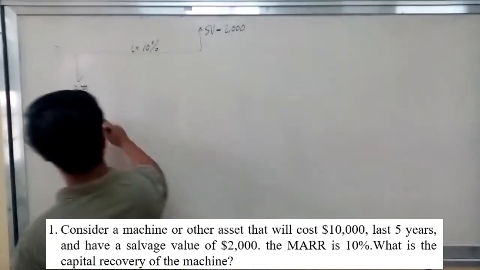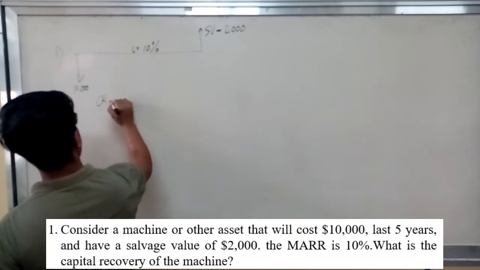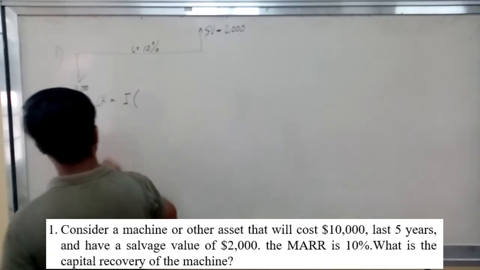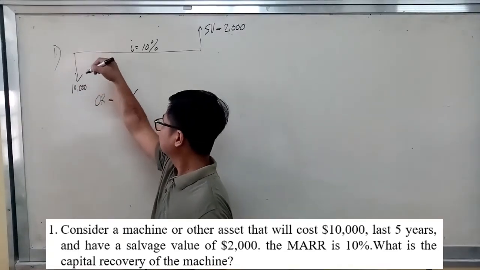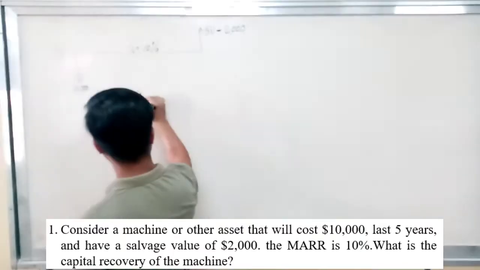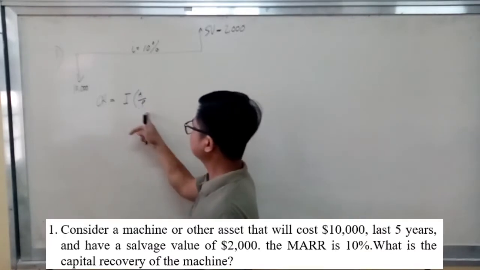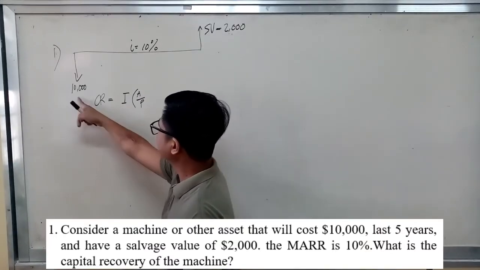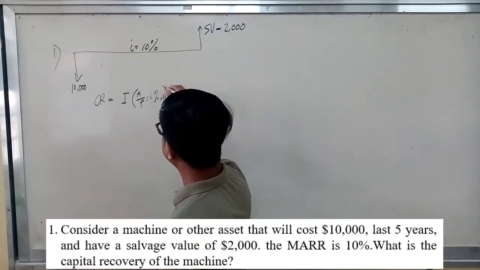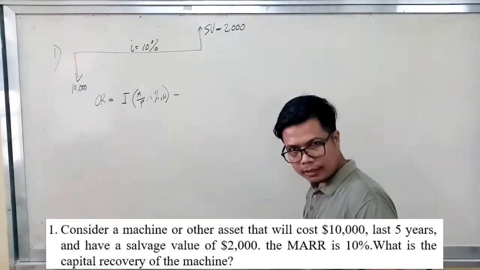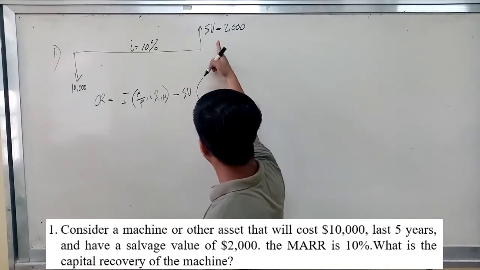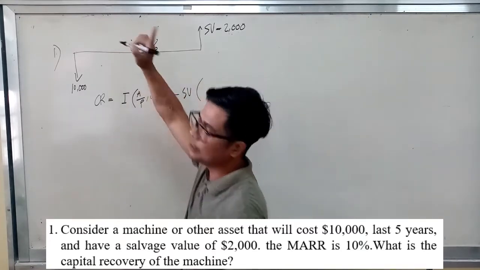So, ano yung formula natin? Capital recovery is equal to the investment. I-convert natin ito into annual, kukunin natin yung kanyang annual worth. So, finding A given P. So, P, yung present worth is your I, yung investment cost, with interest I, and less the salvage value. So, i-convert naman natin yung future worth into annual worth.